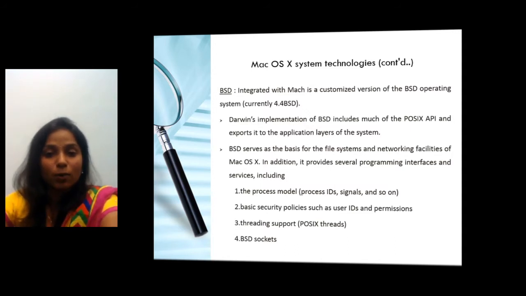It provides several programming interfaces which provide services, including the process model, which is capable of maintaining all the process IDs, signals, and so on. The next one is the basic security policies such as user IDs and permissions, and threading. It also supports threading and BSD sockets.